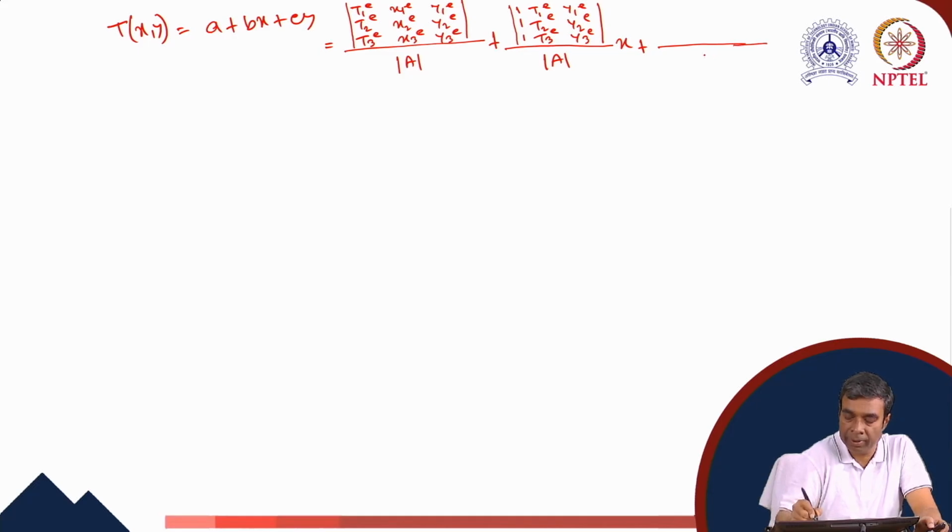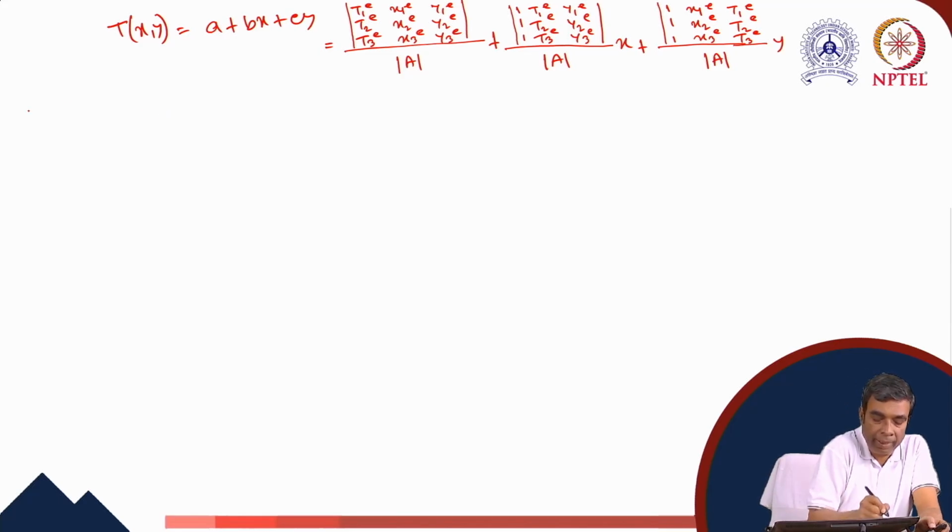So this is our C term, where we had [1, 1, 1; x1e, x2e, x3e; T1e, T2e, T3e] into y.